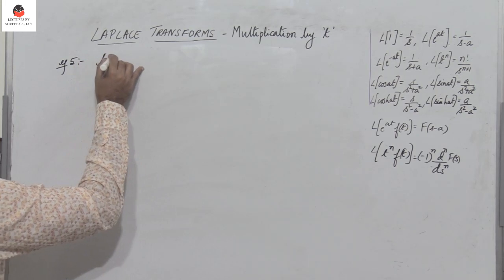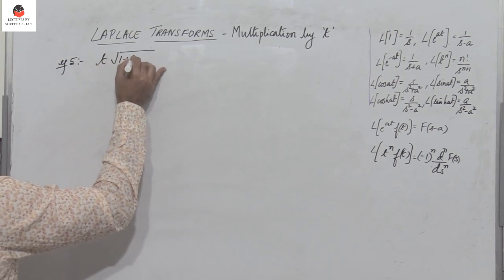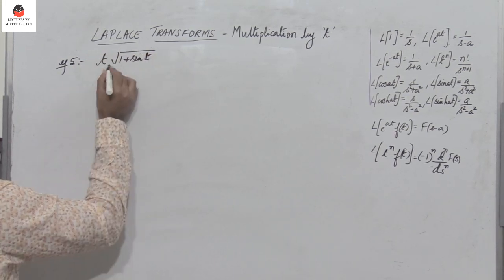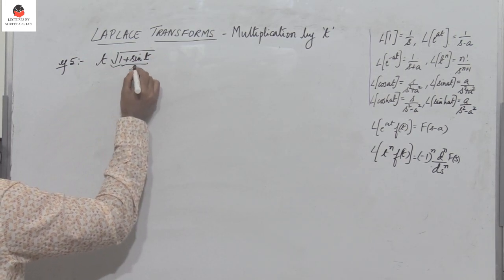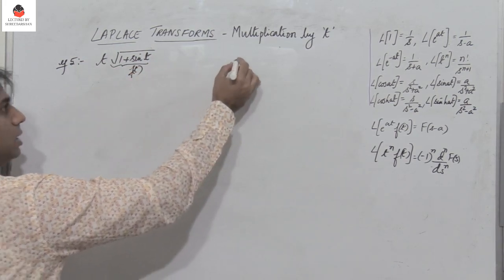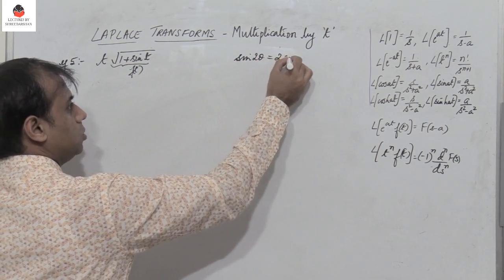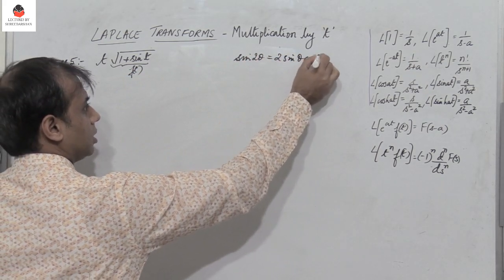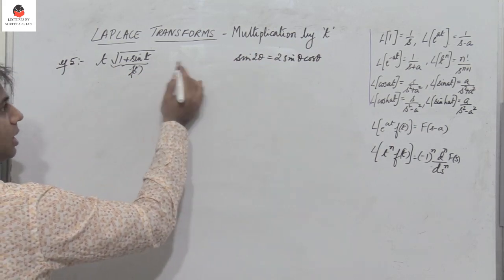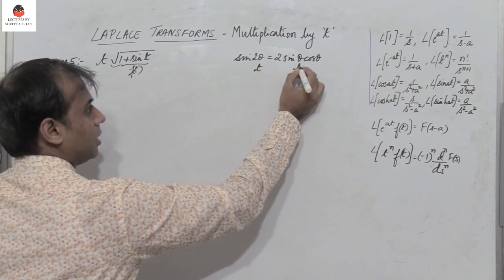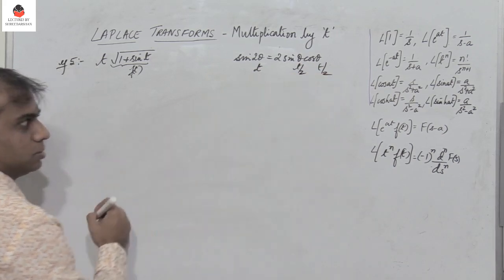Find the Laplace transform of t root of 1 plus sine t. So let this be f of t. Now we know that sine 2 theta equals 2 sine theta cos theta. So instead of 2 theta I have t, so I would have here t by 2, right?